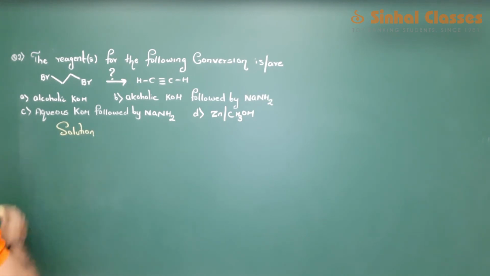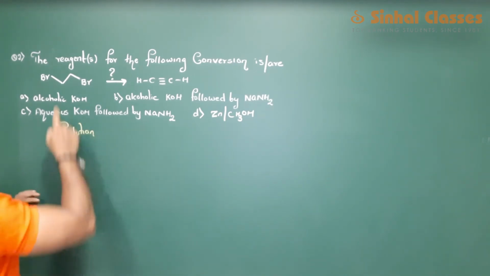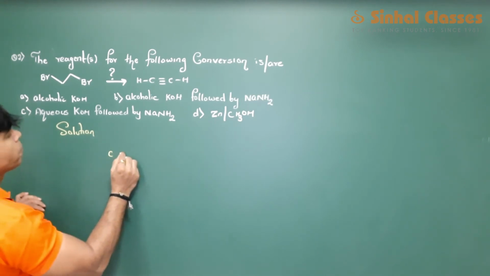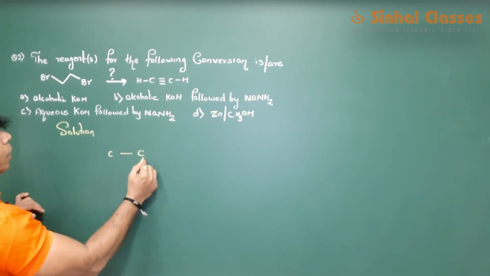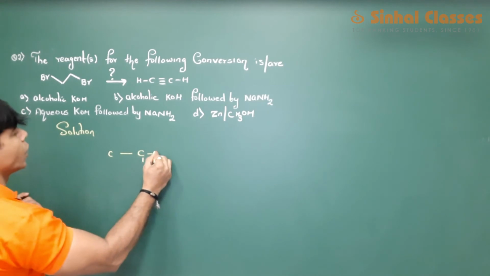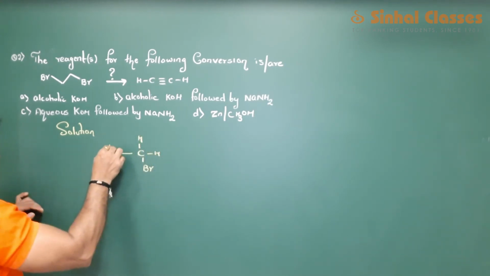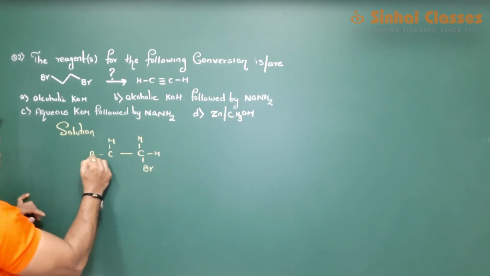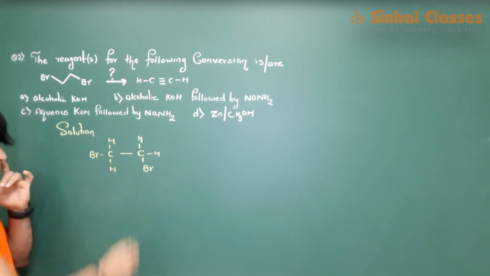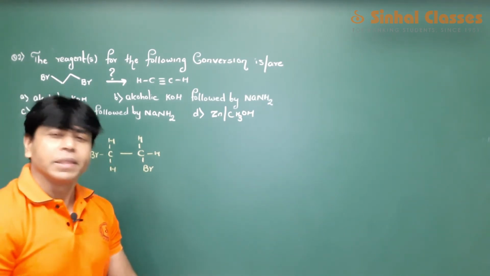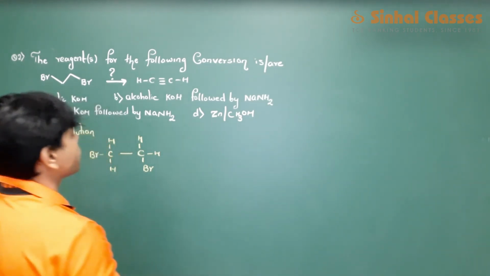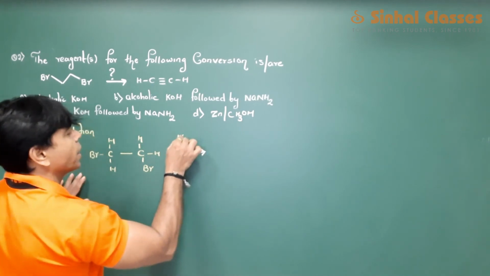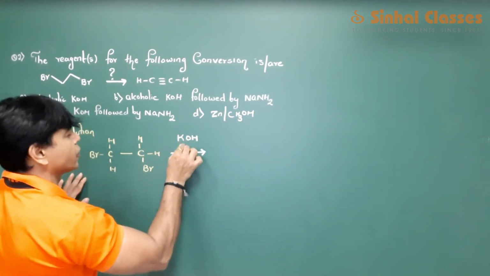Solution is, first let's write this equation. It is like this: C single bond C, Br here, we have H, H, H, H, here again there is a Br and this is H. Now what you do is, first you use alcoholic KOH.